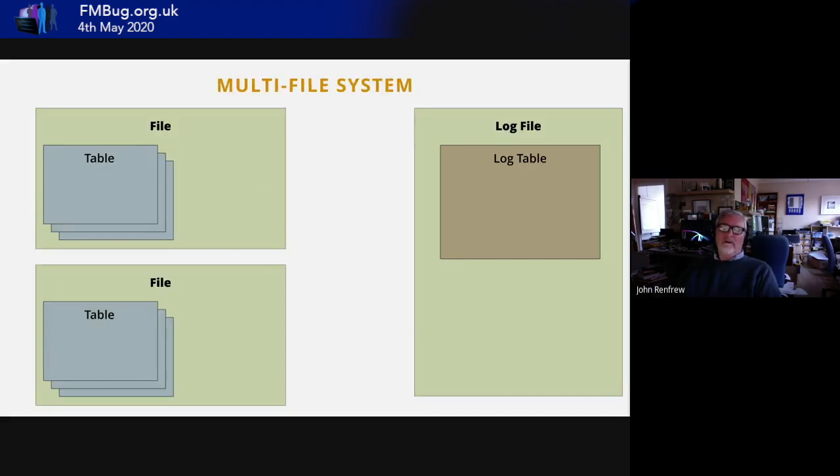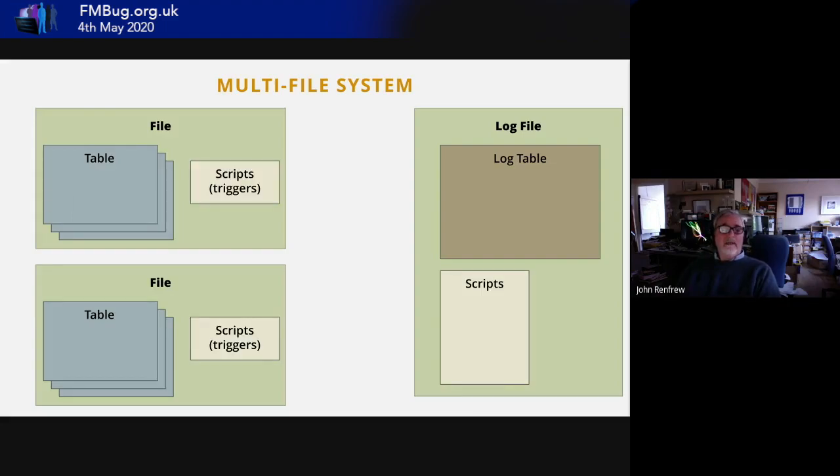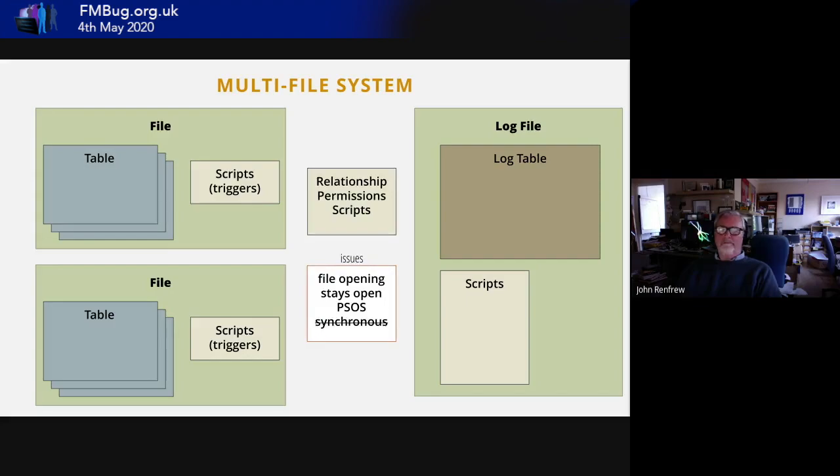But very soon, obviously, the minute you get into a multi-file system, almost certainly this is hosted now. So we've got tables in one or more files, and the log tables are taken out and put into a separate file. So we now have to manage scripts in multiple places, in each of the files that we want to talk to the log file, and in the log file itself.